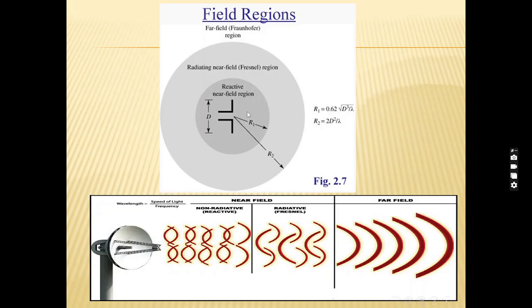If the antenna has a maximum dimension that is not large compared to the wavelength, this region may not exist. For an antenna focused at infinity, the radiating near field region is sometimes referred to as the Fresnel region on the basis of analogy to optical terminology.